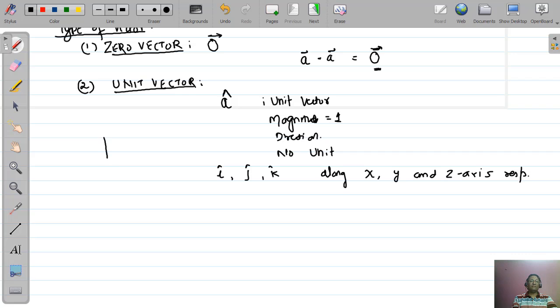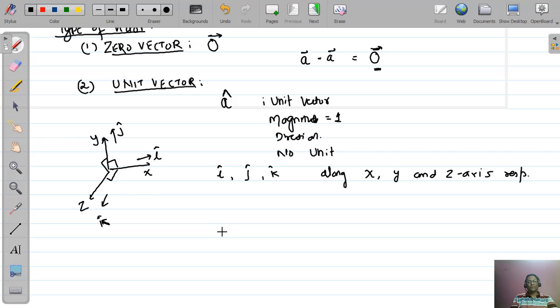That means if we are given a three dimensional coordinate system, this is x axis, this is y axis, this is z axis, and these are mutually perpendicular axes, then unit vector along x axis is i, unit vector along y axis is j, and unit vector along z axis is k. So keep in mind this convention because it will be widely used in our topic.